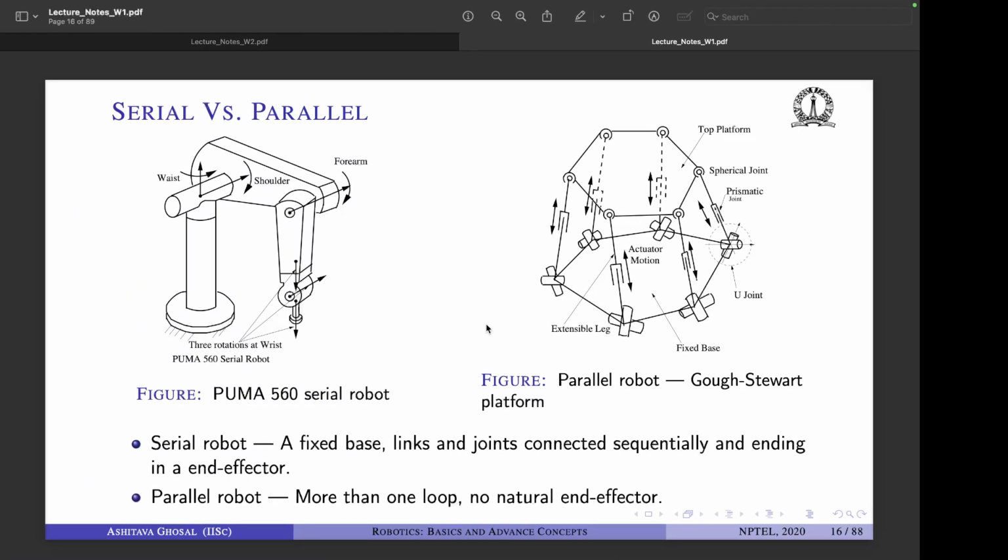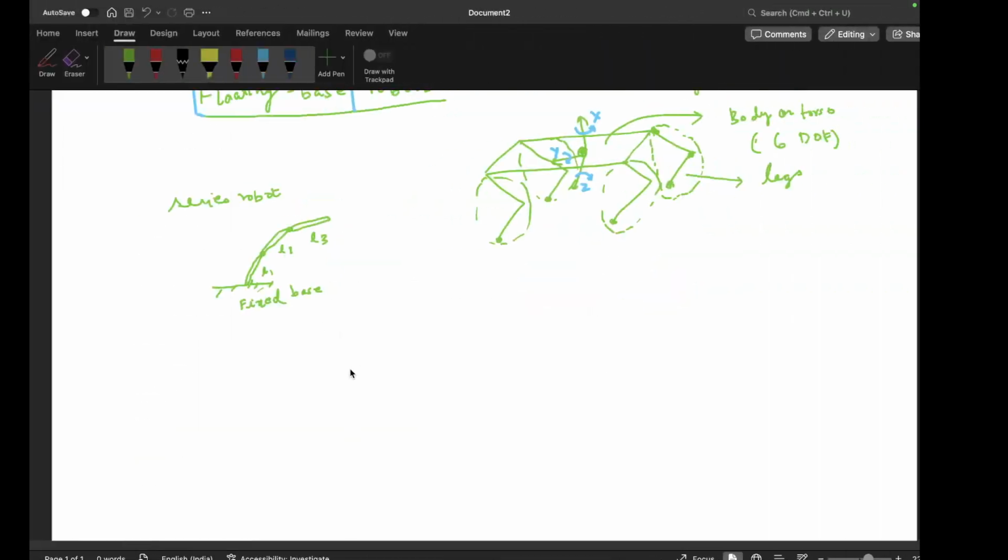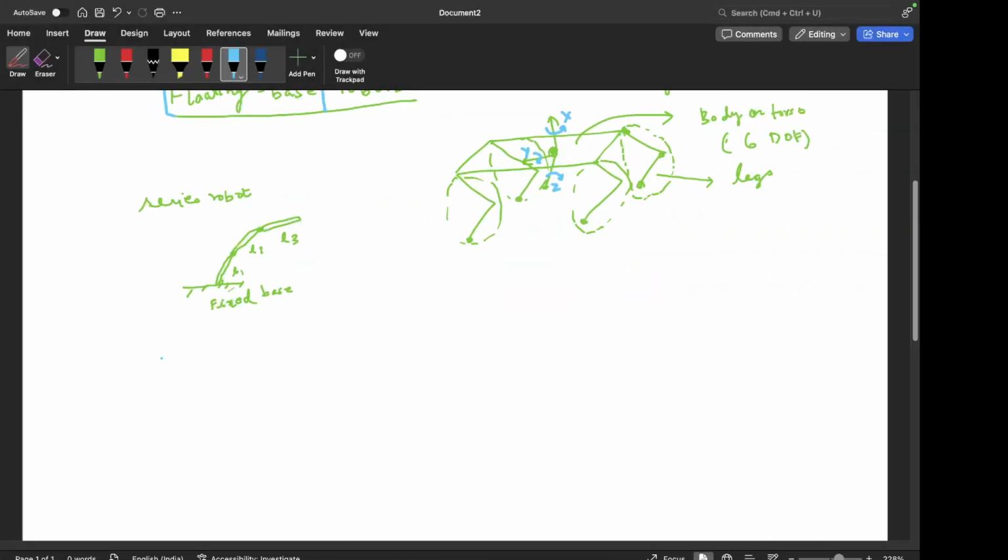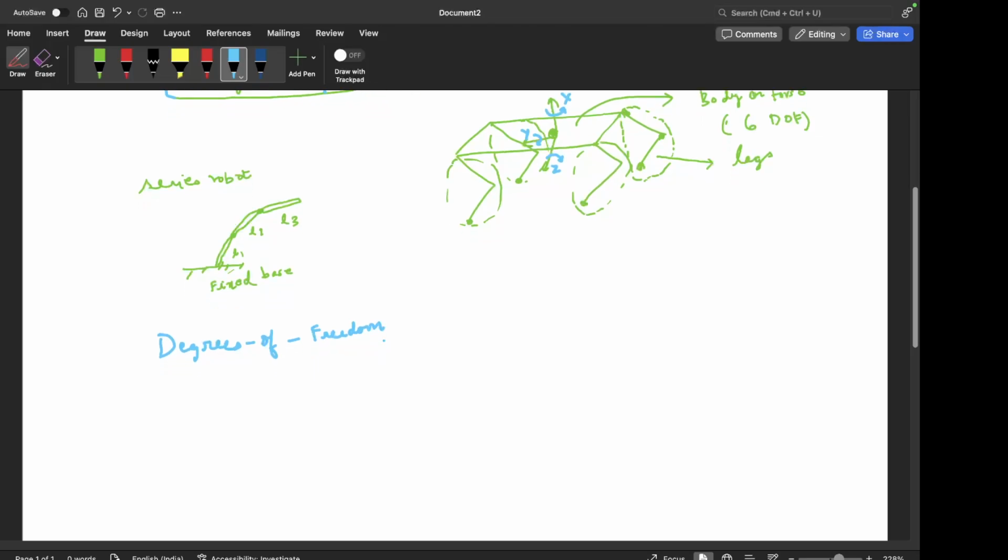Right. So next comes again a very common term which we will use in our day-to-day discussion of robotics, which is degree of freedom.